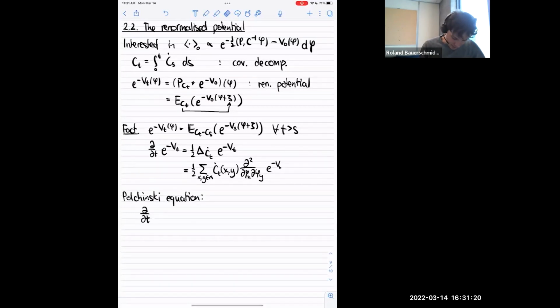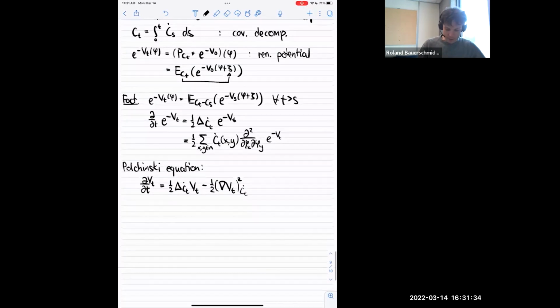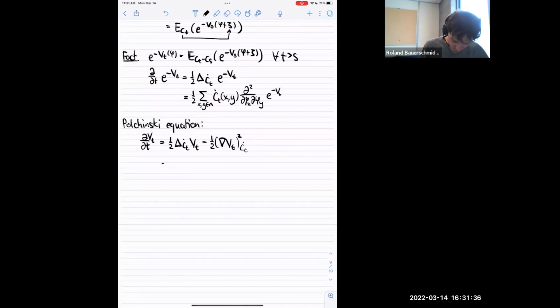So dV/dt satisfies this Hamilton-Jacobi type equation. Let me just write out what exactly it means, just to get the notation.